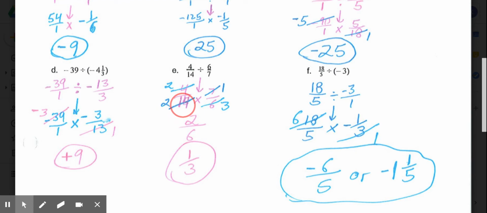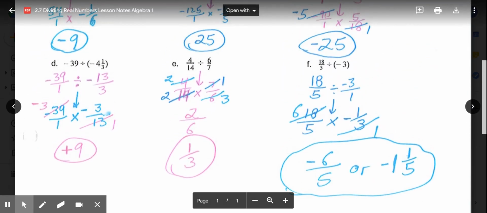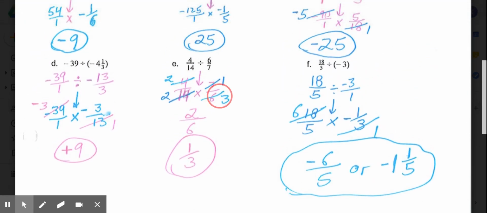Both can be divided by 7, so the 14 becomes a 2, 7 becomes a 1. The 4 and 6 both can be simplified by dividing by 2, so the 4 becomes a 2, and the 6 becomes a 3.